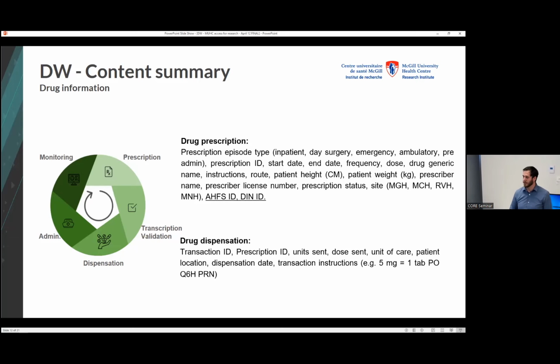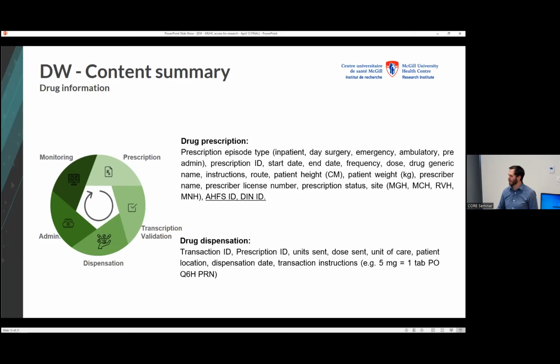For the dispensation, we don't have information about the administration itself. The nurse is not going to put in the system something that we're going to collect at the data warehouse, but we have drug information about the dispensation at the pharmacy. It's a transaction, so there is a transaction ID and a prescription ID that links to the prescription. Unit sent, dose sent, unit of care, patient location, dispensation date, transaction instruction, for example 5 milligrams.